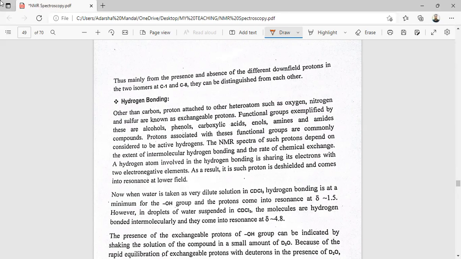So that means when a hydrogen atom is hydrogen bonded with two electronegative atoms, it shares its electron, so the hydrogen atom has a low electron density in this environment compared to the others. So this hydrogen is in the deshielded region. That's why this comes as a downfield shift compared to the normal hydrogen atom.